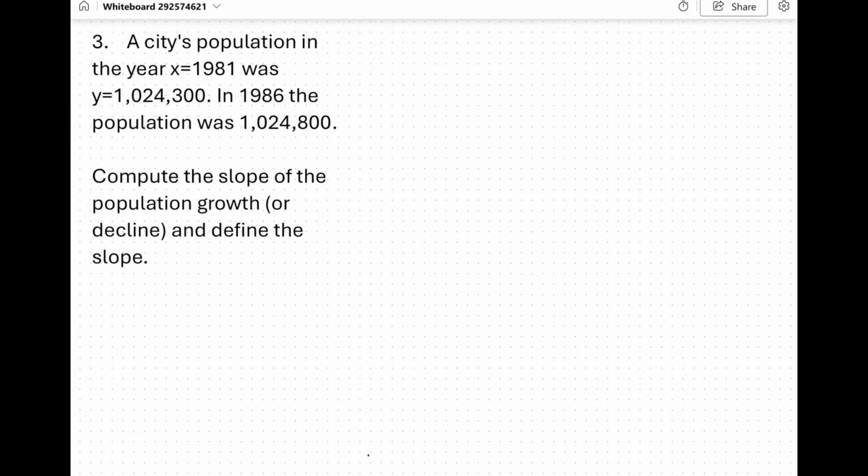Here's the last final question. A city's population in the year x equals 1981. Keep in mind this will be the x of your first point, was y equals 1,024,300. So that will be the y of your first point. I'm going to go ahead and write the first point as coordinates.